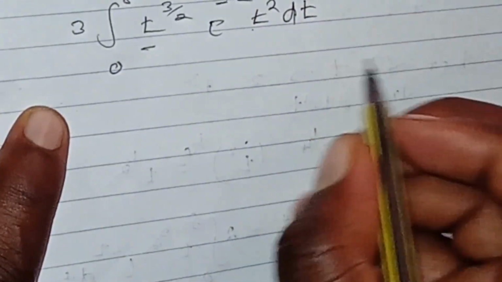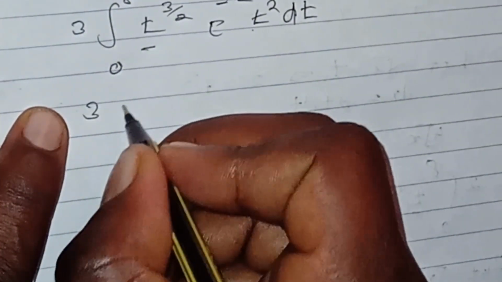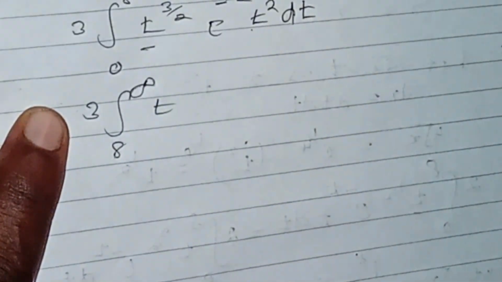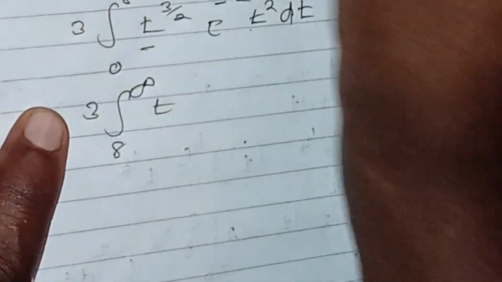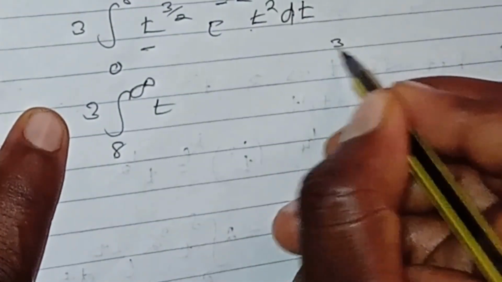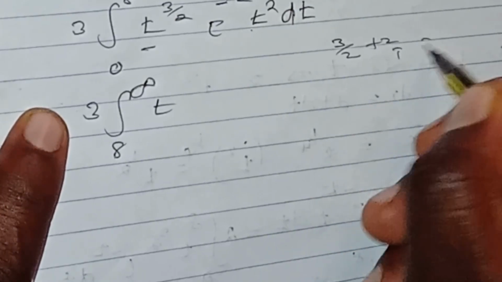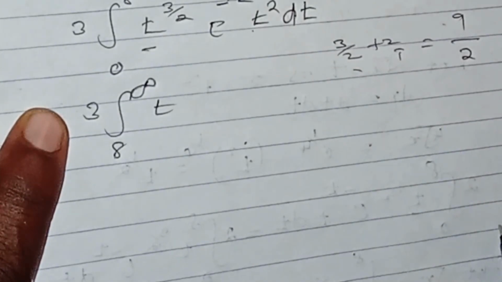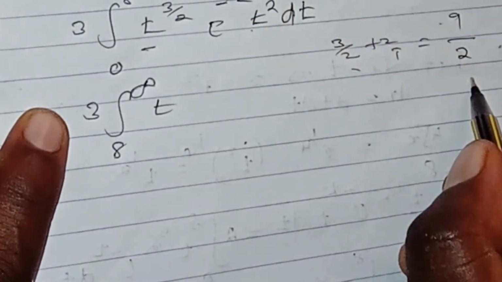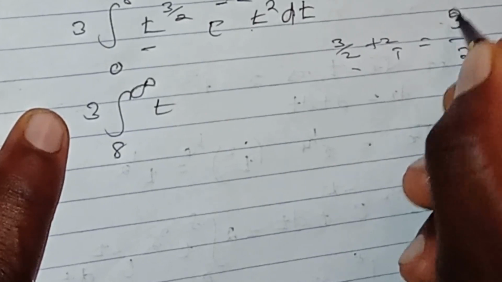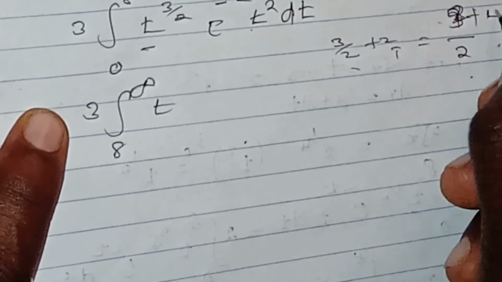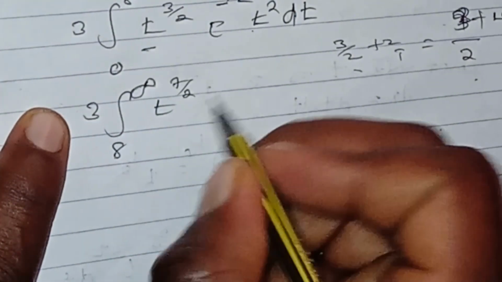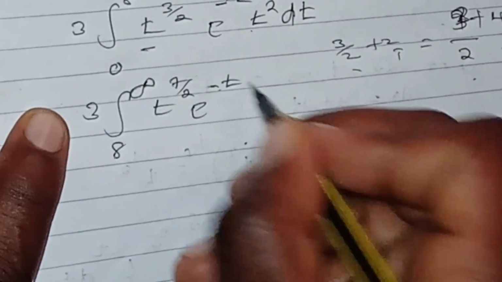So this will be 3 times the integral from infinity to 0 of t raised to 3 over 2 plus 2, that is 3 plus 4, 7 over 2, so t raised to the power 7 over 2 times e to the minus t dt.